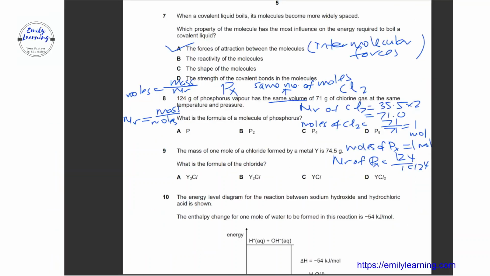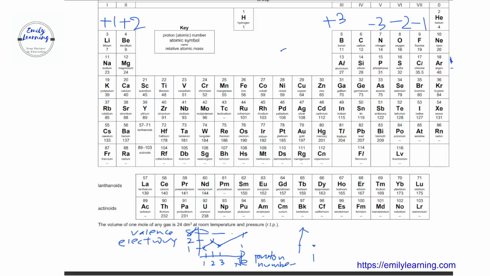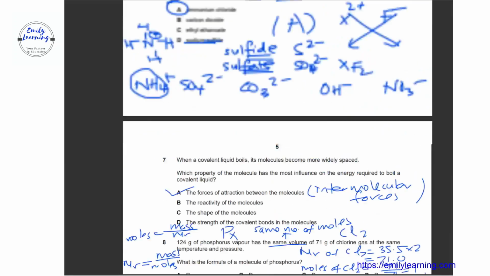So now we know from our calculations that the MR of phosphorus is 124. So now let's take a look at our periodic table. So P has an AR of 31. So how many P do I need so that the MR is 124?